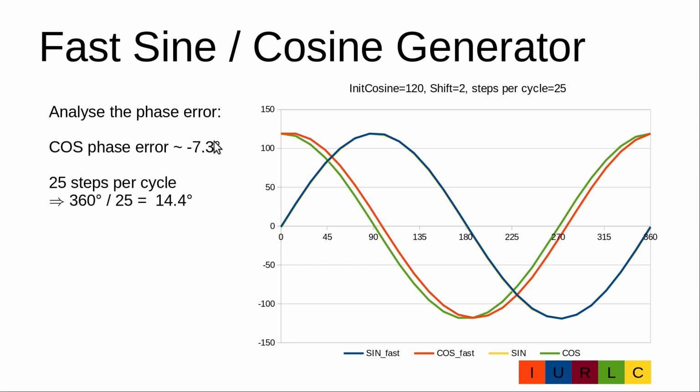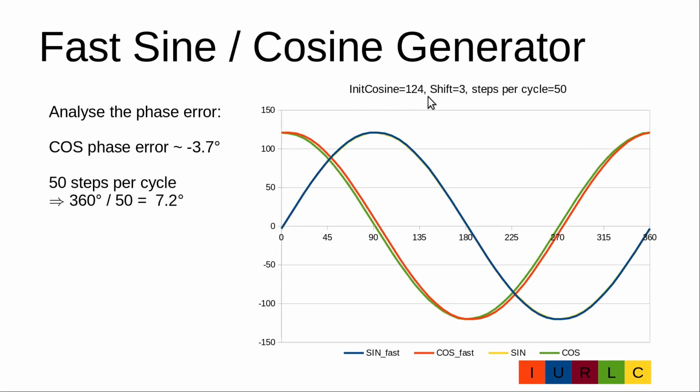This is roughly half of the step width. With init cosine 124 and shift 3 we have 50 steps per cycle. 360 degrees divided by 50 is 7.2 degrees per step, and we have a phase error of minus 3.7 degrees, which is roughly half of the step width.